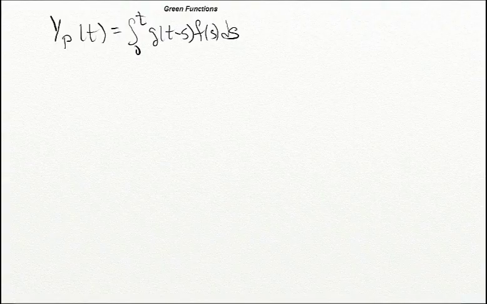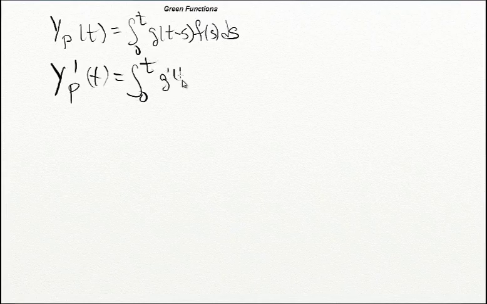All right, now we will use this fact from multivariable calculus applied to this purported particular solution of our inhomogeneous equation. We now know how to differentiate this function. Yp prime is obtained by first differentiating under the integral sign.